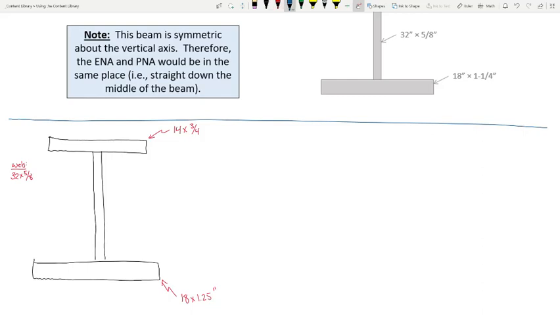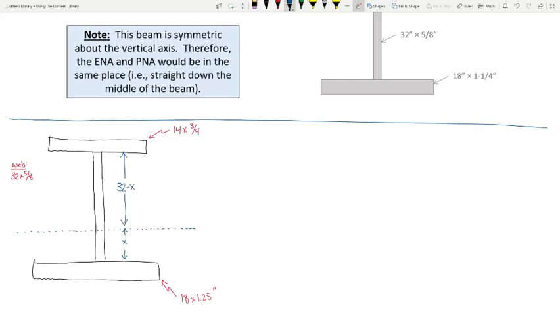We got to break out some algebra. So I'm just going to assume it's there, okay? Some random place throughout the web, okay? And I'm going to say that that distance is x, okay? Now, if this is x, what is this distance? 32 minus x, okay?